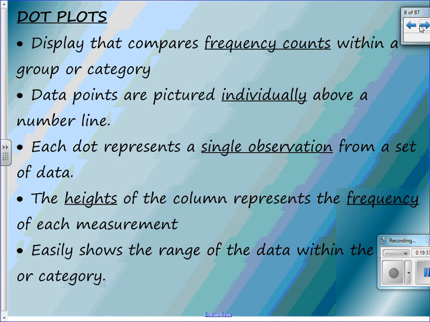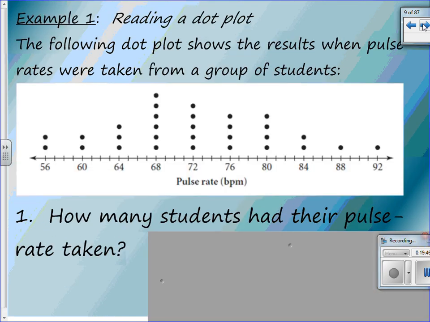And the frequency you can easily read off a dot plot, because if you're looking at example 1, which is the most frequent pulse here? 68. And what is the frequency of 68? 6. 1, 2, 3, 4, 5, 6. Okay, so our frequency of 68 is 6.